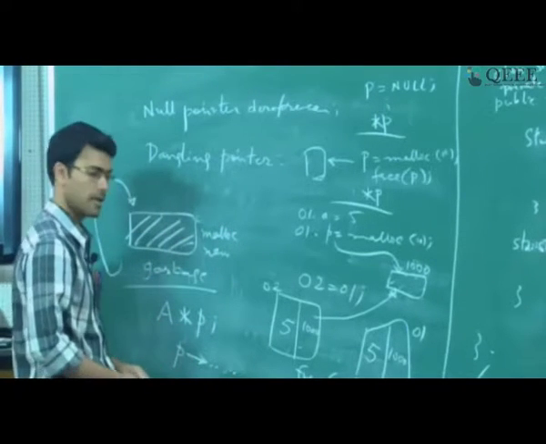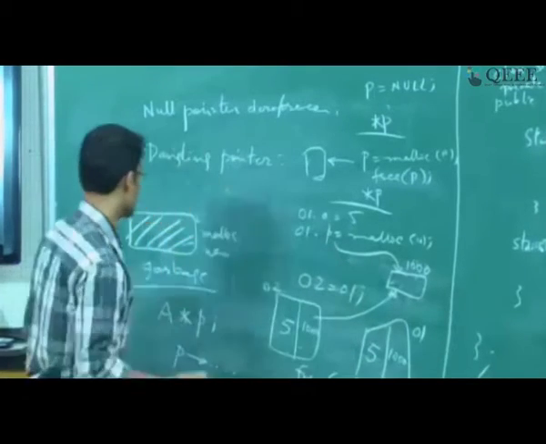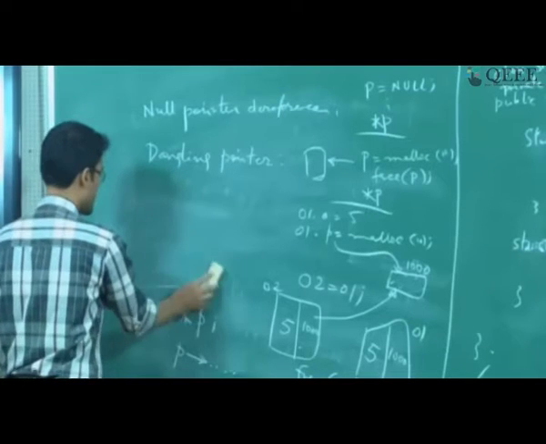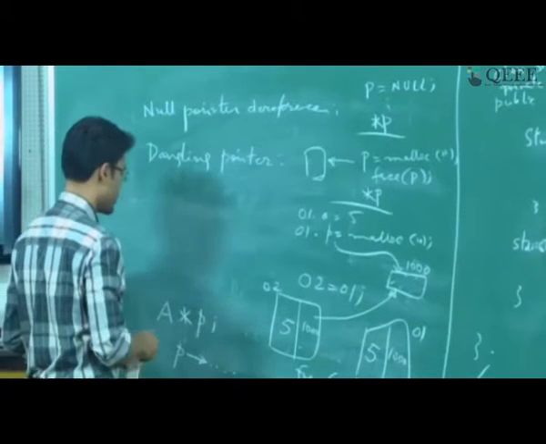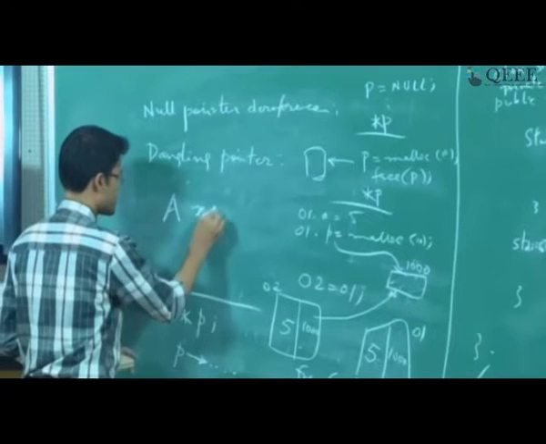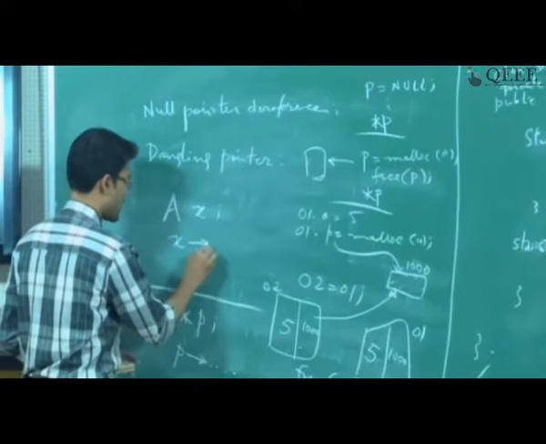However, what I want to do is something different. These are just some scenarios which I have illustrated where you can utilize these pointers, but what I want to achieve is A X and then X arrow something.